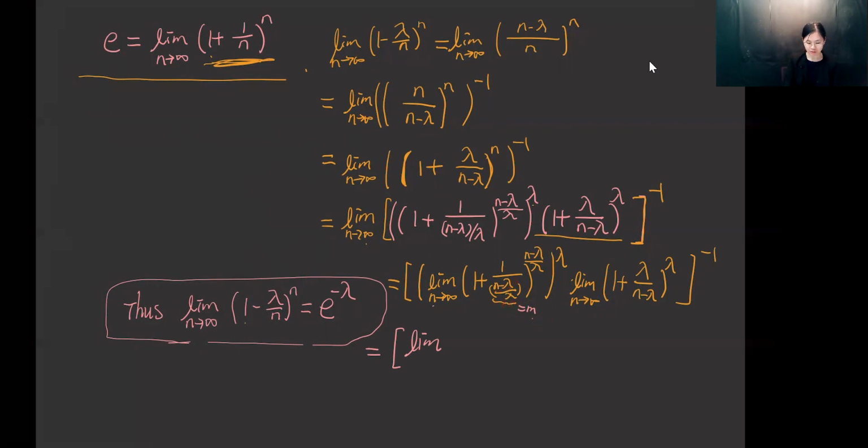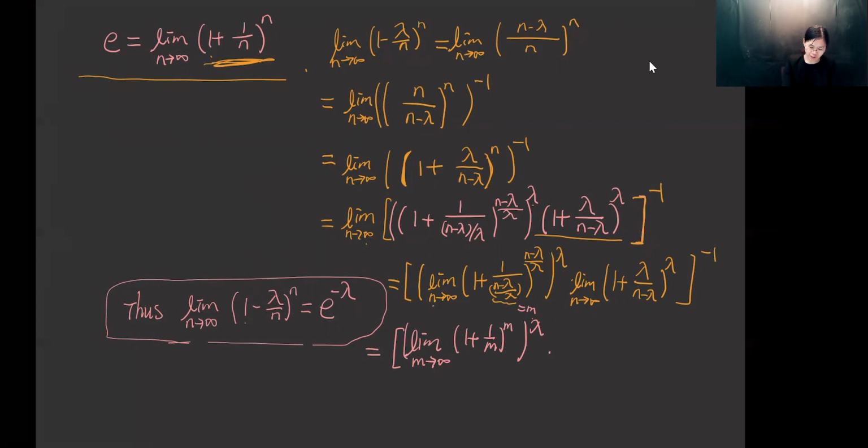So when n approaches infinity, m also approaches infinity. So that limit can be written as the limit as m goes to infinity of (1 plus 1 over m) to the power m, and outside to the power lambda.